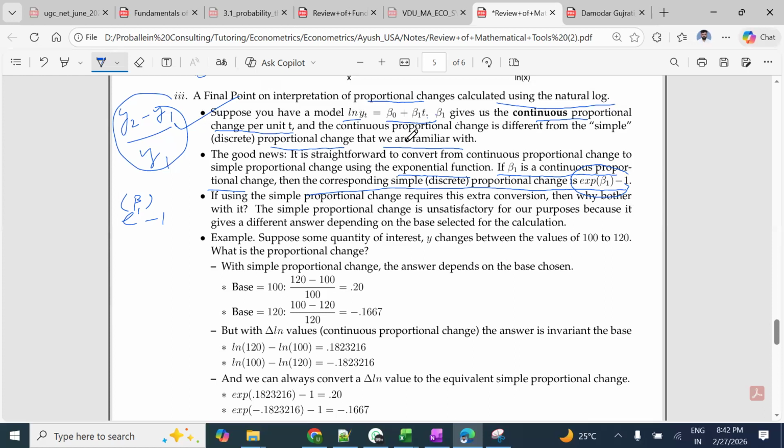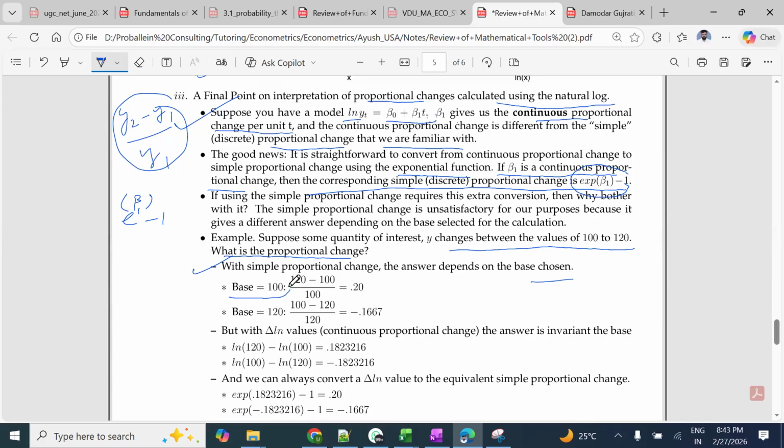Let us try to do this. The formula in Excel, you can type it, not a problem. Suppose let's say that y changes between values of 100 and 120. What is the proportional change? With simple proportional change, the answer depends on the base chosen.